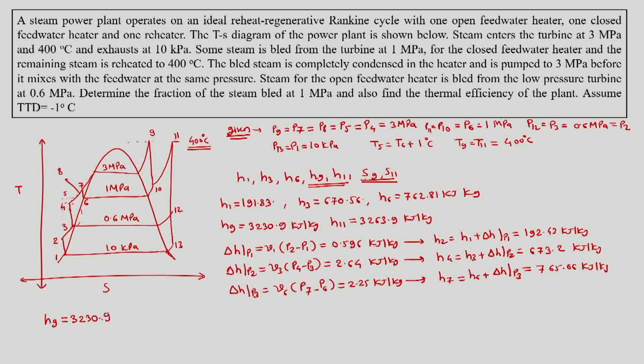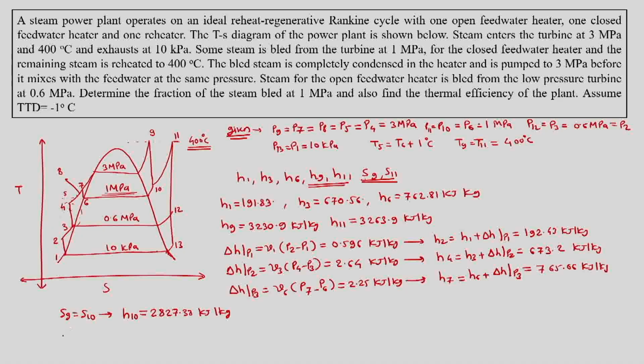Then we will also mention the other enthalpies as H9, and H9 is 3230.9, which is mentioned. So for this we can go and see for the 1 megapascal case at what temperature we have S9 is equal to S10, and record the enthalpy at S10, which would come out to be 2827.38 kilojoule per kg.